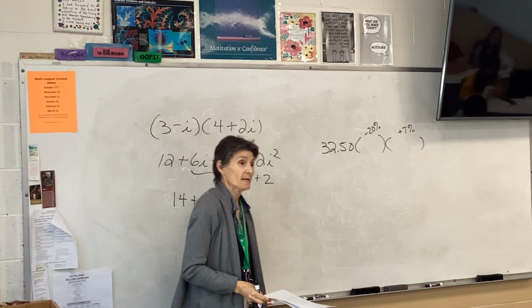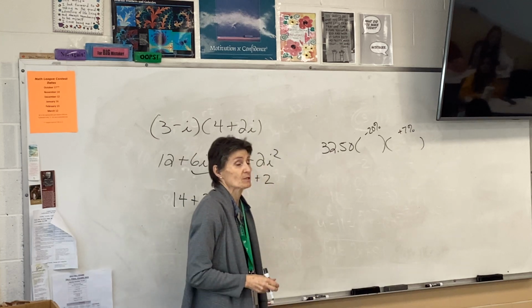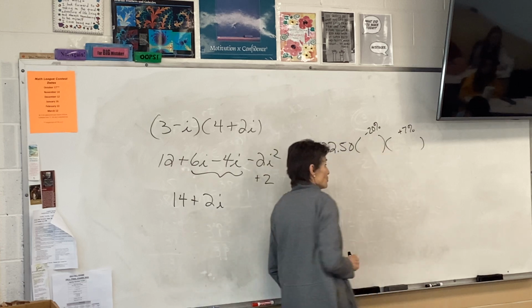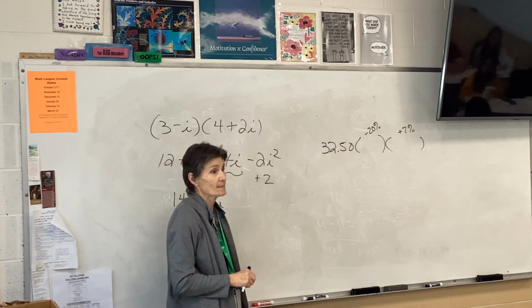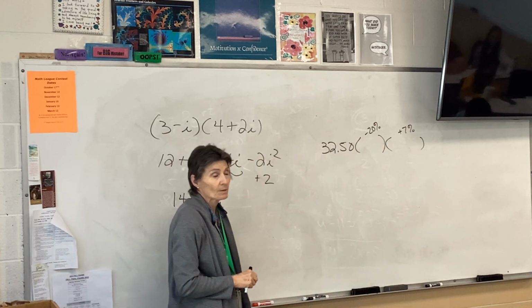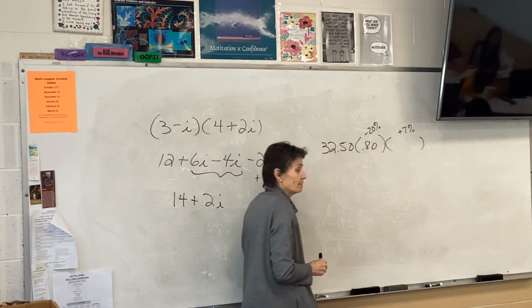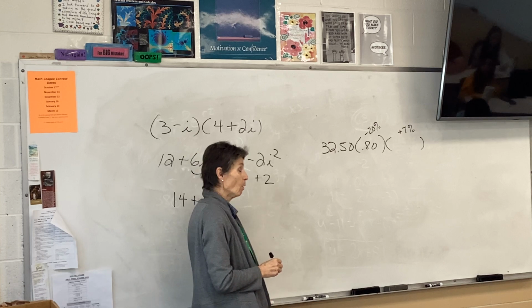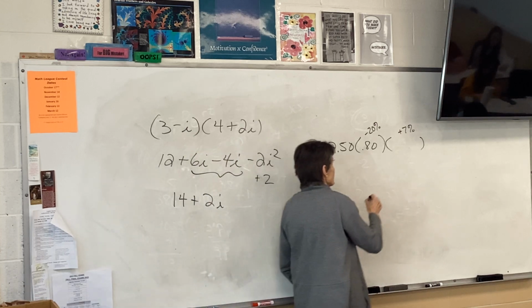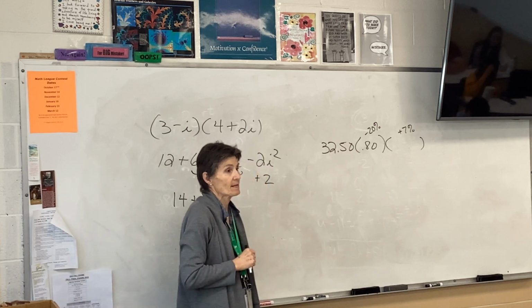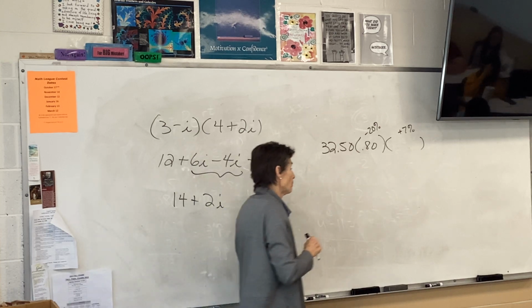This is a multiplication only problem. We are multiplying. What do I multiply by to reflect a loss of 20%? 0.80, 80%. What do I multiply by to reflect a gain or an add-on of 7%? 1.07.